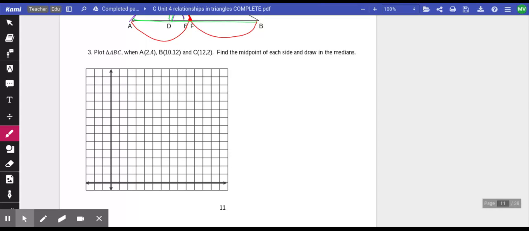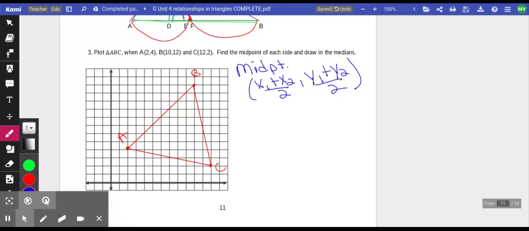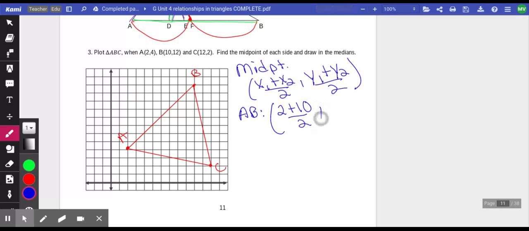Okay, so I plotted ABC, and I'm going to give you a little help. The midpoint formula is x1 plus x2 over 2, comma, y1 plus y2 over 2. So when I want to find the midpoint of AB, I take the x coordinates, 2 plus 10, divided by 2, comma, the y coordinates, 4 plus 12, divided by 2.